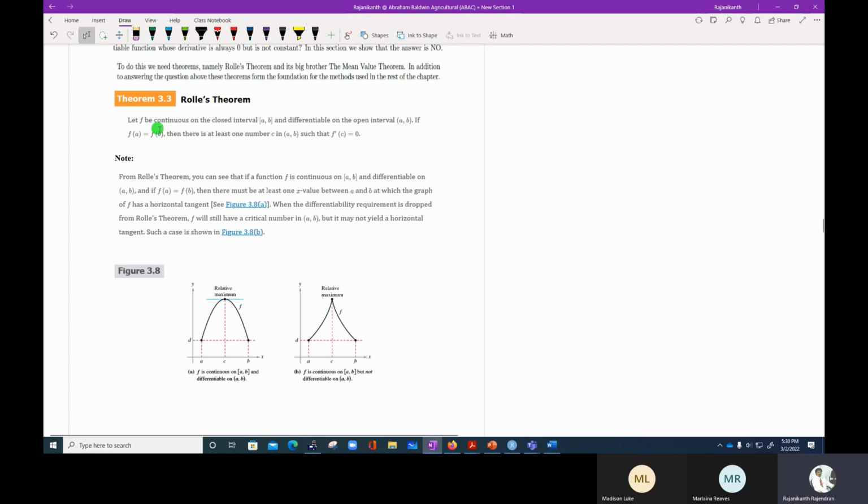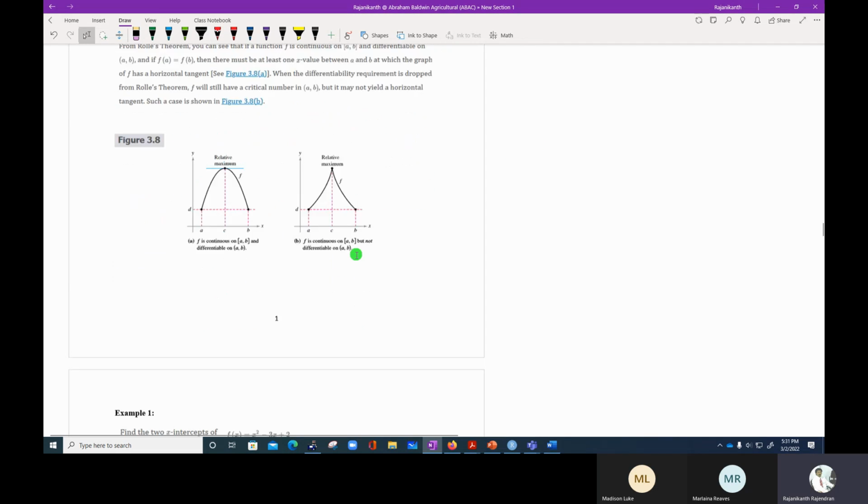Suppose you are given a function f which is continuous on the closed interval [a, b], and the function is differentiable on the open interval (a, b), and the function has the same values at a and b. Then we will find at least one point c inside the interval such that the derivative of that function at the point c is 0.